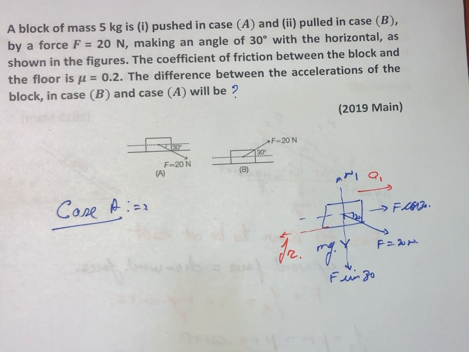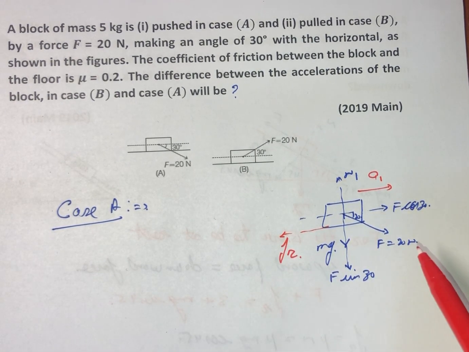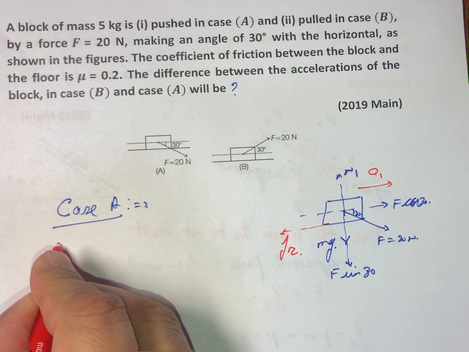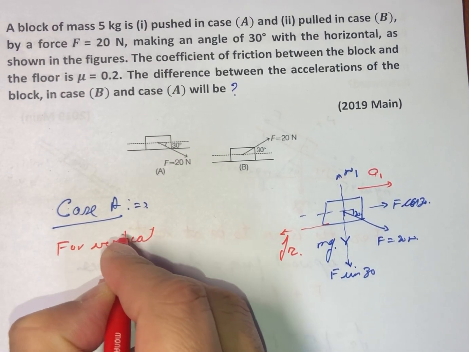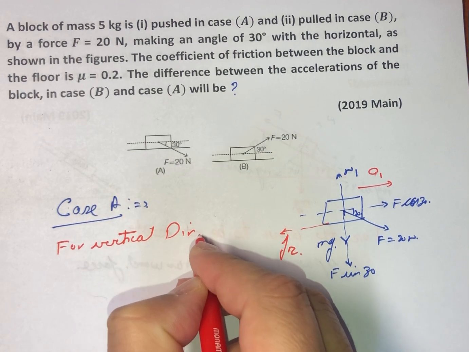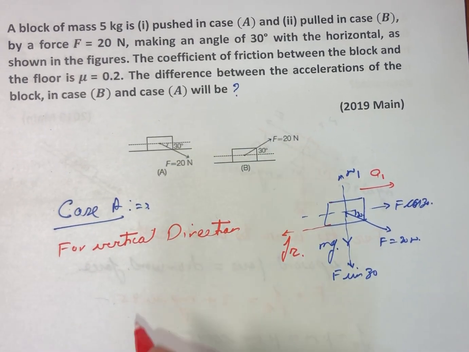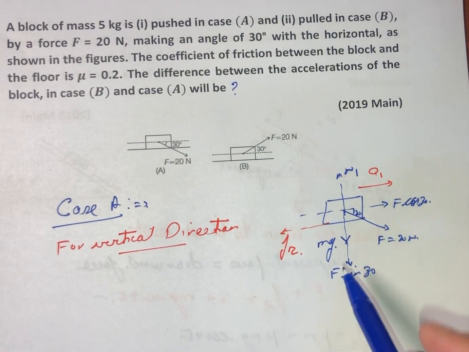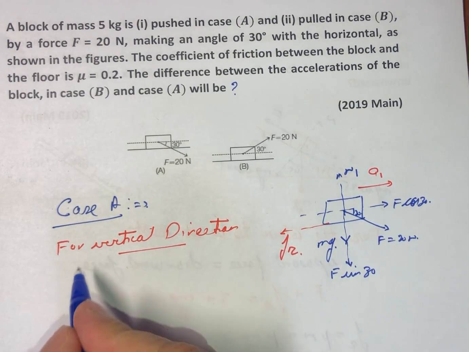You can write the equations for the forces in the vertical as well as the horizontal direction. For the vertical direction, two forces are acting downward, mg and F sine theta, and one is acting upward, that is N1.